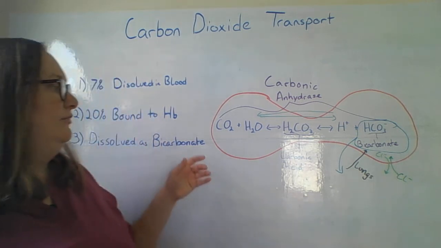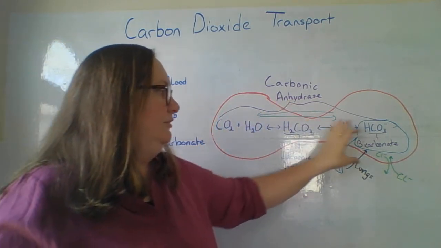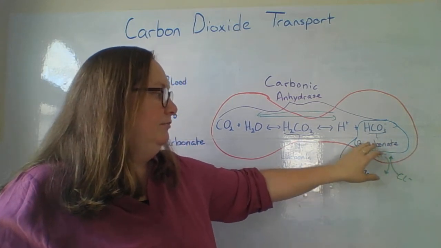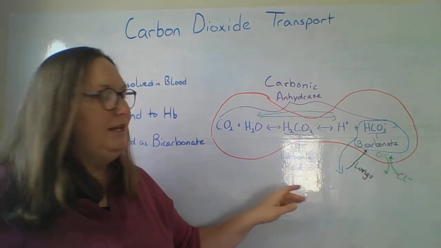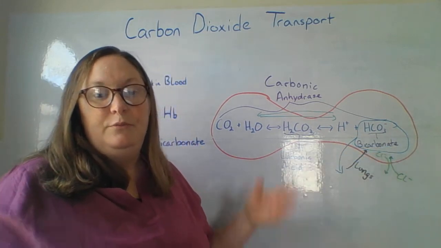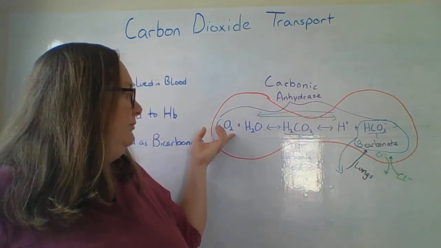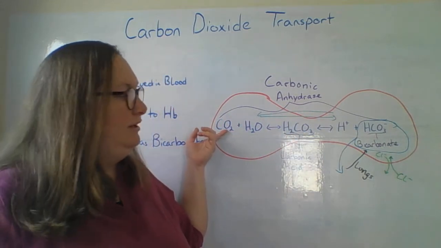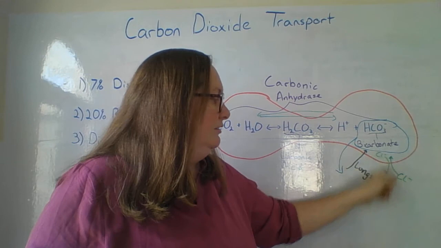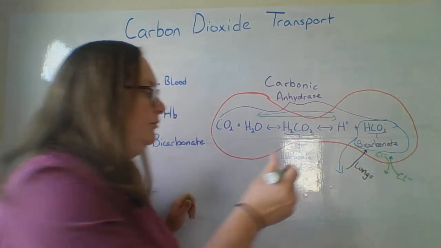So carbon dioxide is going in, carbonic anhydrase, this equation, to bicarbonate. Bicarbonate comes out. When that happens, chloride goes in so that our charge is equal. When we get to the lungs, bicarbonate goes back in to go back this direction to carbon dioxide, and chloride comes out to balance the charge again. And we have a term for this.